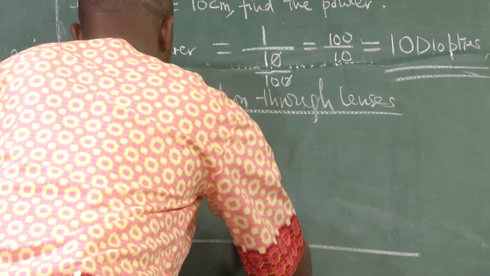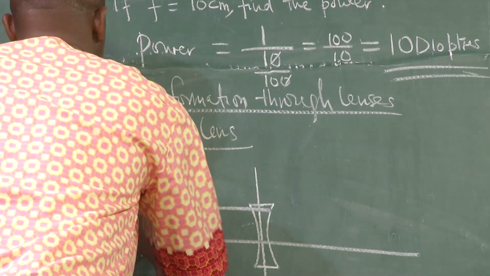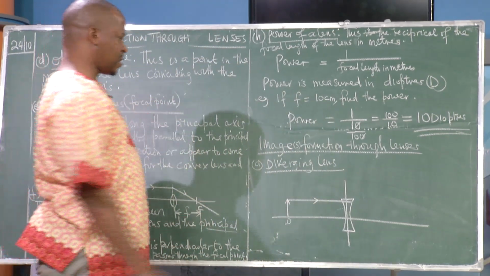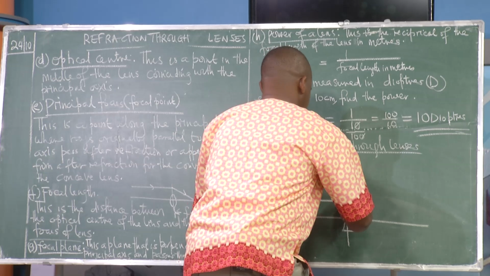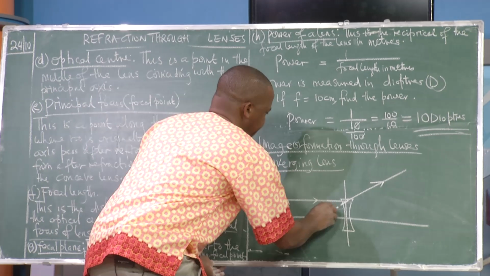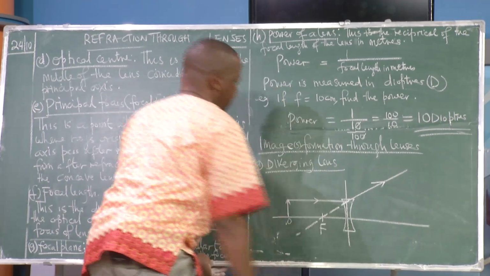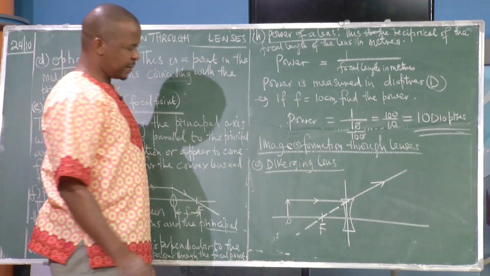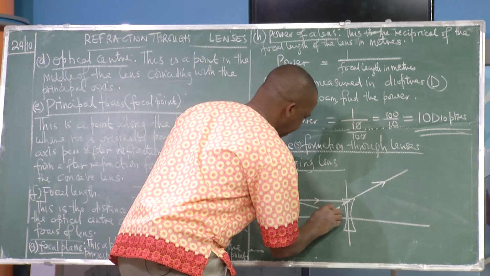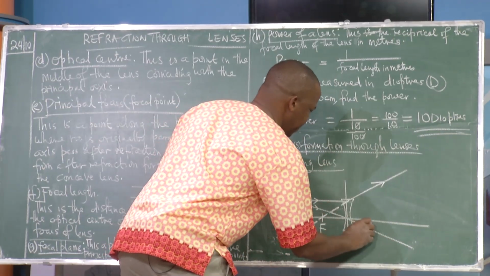Diverging lenses, if I have an object here, will form an image that we can get by this: we said it diverges light rays, and these light rays appear to be coming from a point that we shall call F. And we have another common ray that must pass through the optical center. This ray usually passes without any deviation.